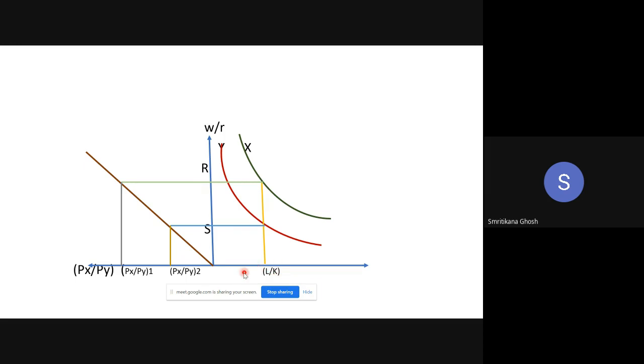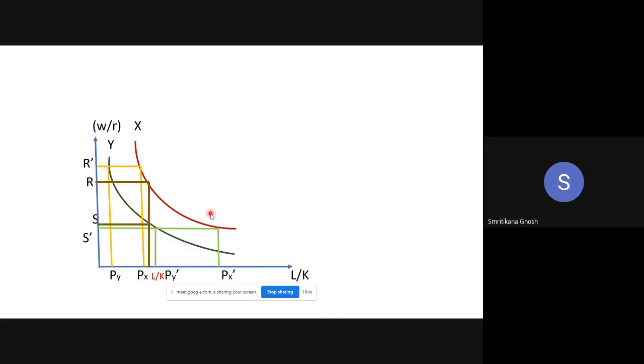Fine. Now look, if I make a vertical line from this L by K, it gives you a stretch. The stretch is actually RS. The wage rental ratio should be within RS, as we said here already. If it is above R, then there will be excess supply of labor.